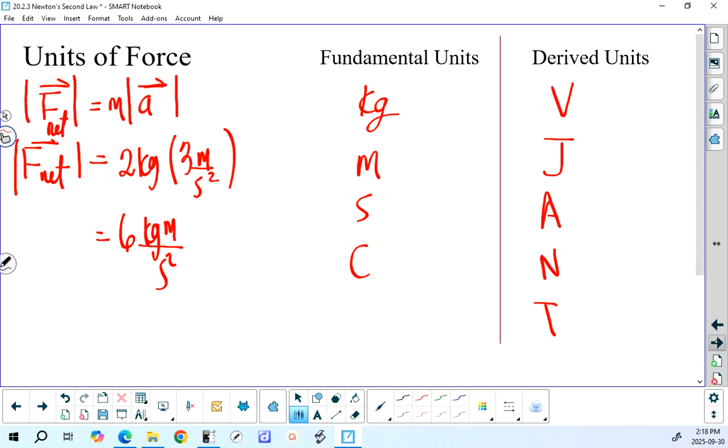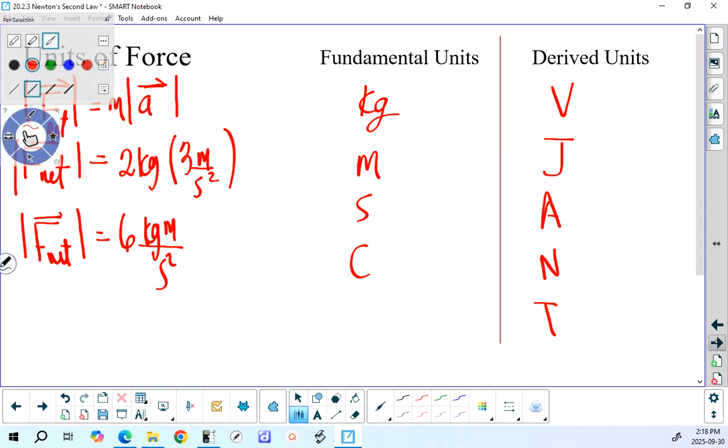And up until quite recently, I want to say the 1960s, and I know the 1960s in your mind is a long time ago, but Newton lived in the 1600s. So 1960 is very recent in terms of physics. Up until the 1960s, that was the set of units we used for force, kilogram meter per second squared.